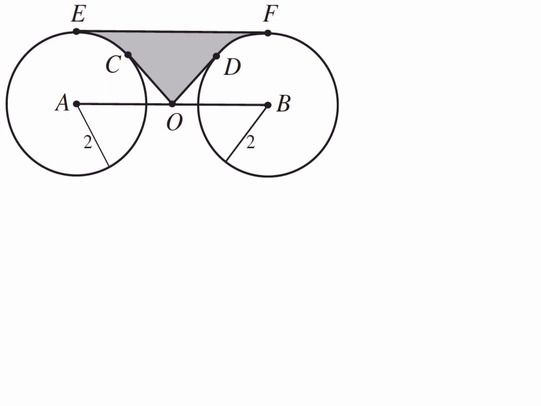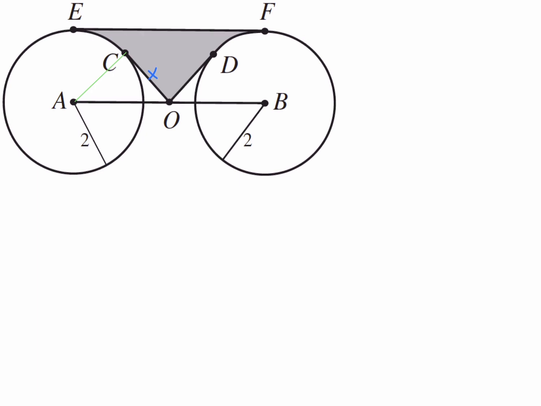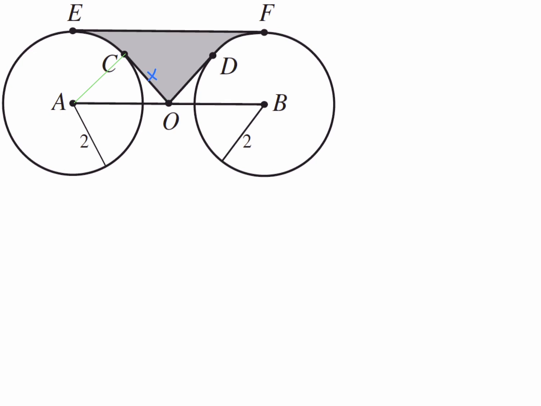The first thing I'm going to do is join A to C like that. And I will label this segment from O to C as x. And they tell me in the question that the radius of the circle is 2.